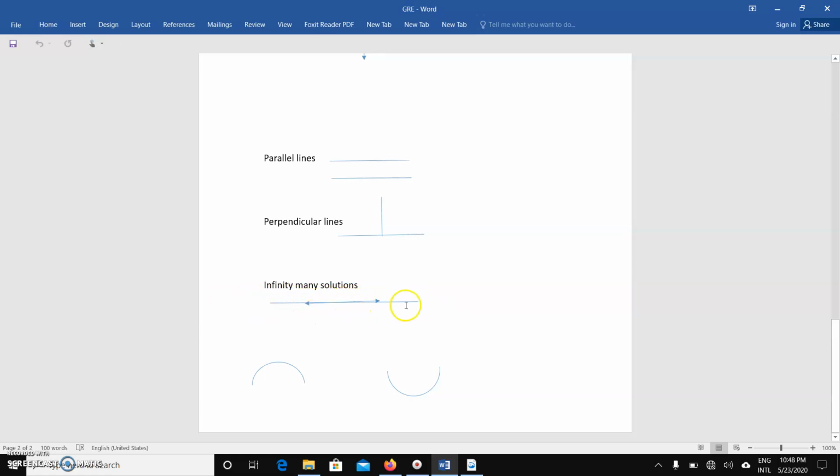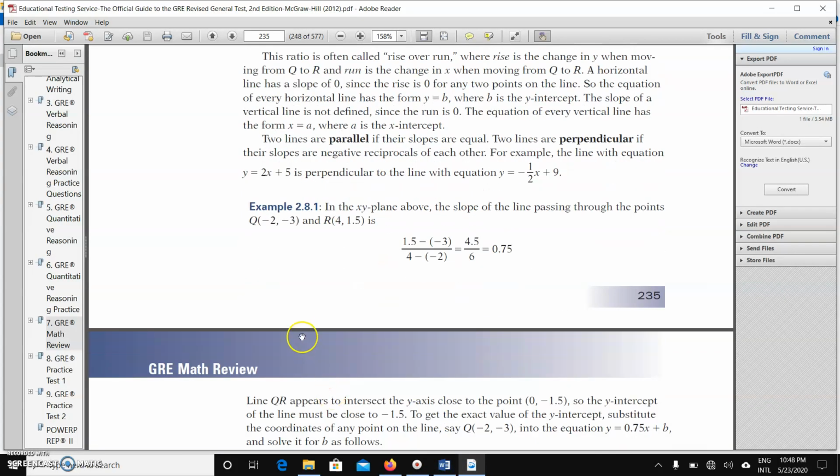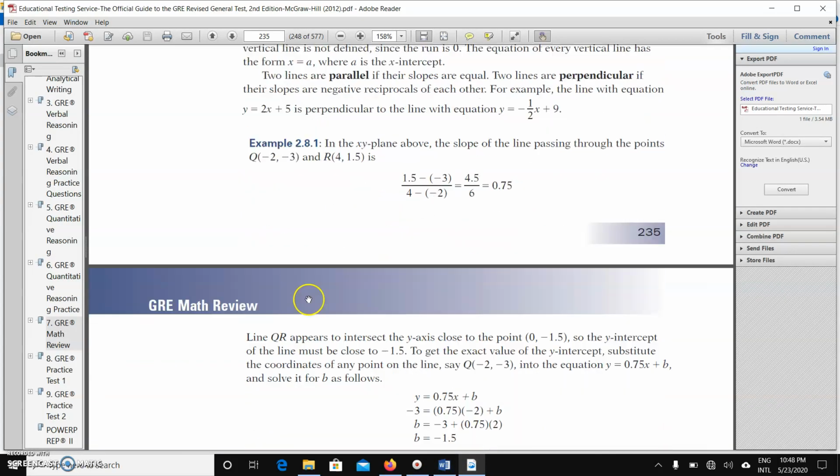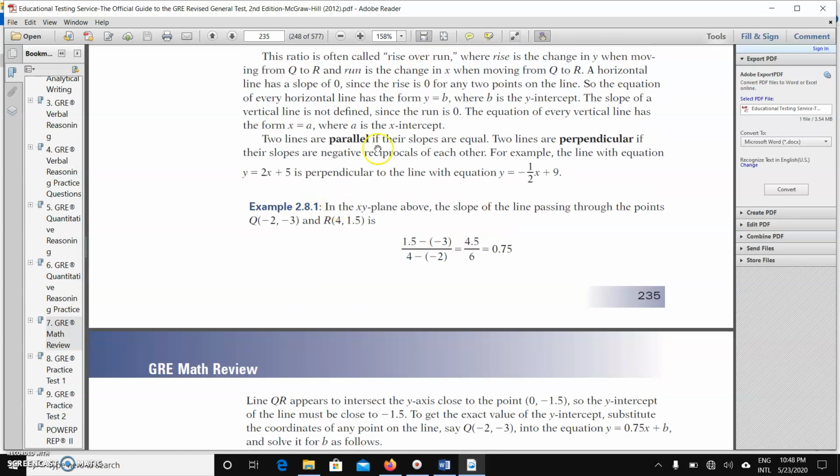This is one line, this is another line. So there are so many solutions. But this is what you focus on: parallel line, perpendicular line. This is just additional information. I feel I should talk about it. So that's that.